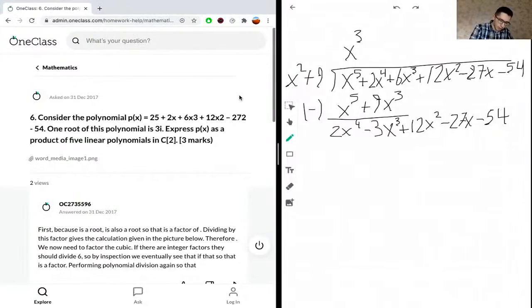So write 2x squared above. And then we'll subtract. So x squared times 2x squared will give us 2x to the power 4.